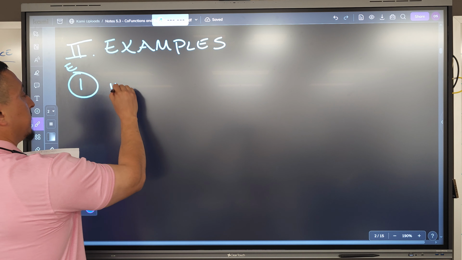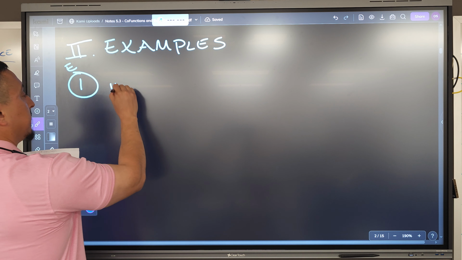Medium. If tangent of negative theta equals negative 1.48, then find cotangent of pi over 2 minus theta. So let me walk you through this medium one, and then I'll let you try one on your own.